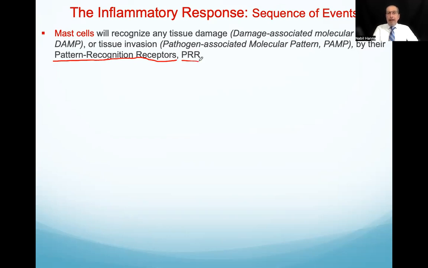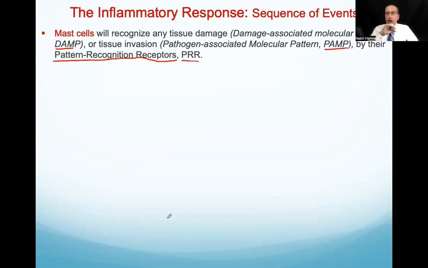And if they identify a damage-associated molecular pattern, DAMP, or a pathogen-associated molecular pattern, PAMP, immediately these receptors will send an alarm. And this will scare the mast cells.